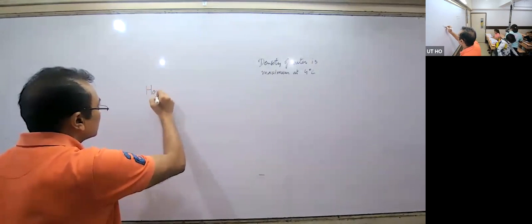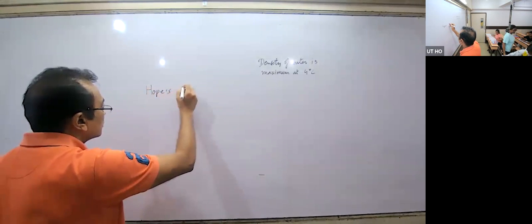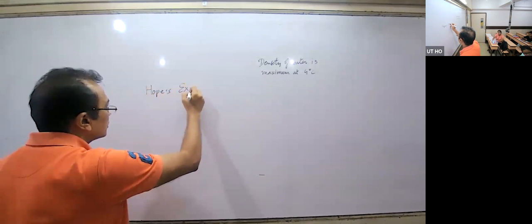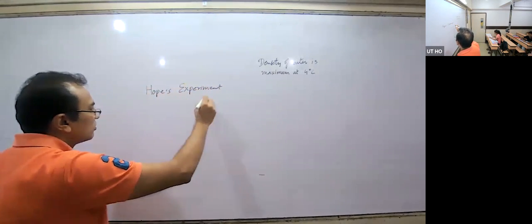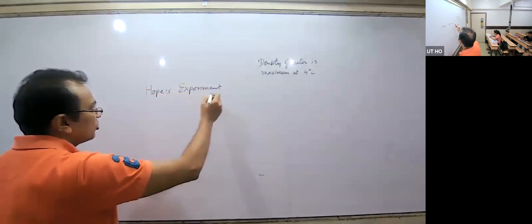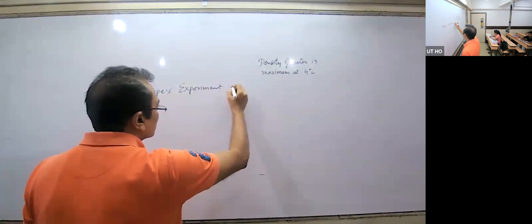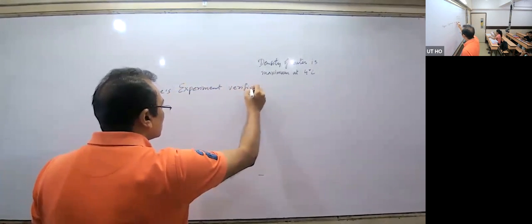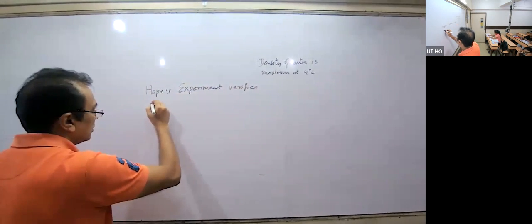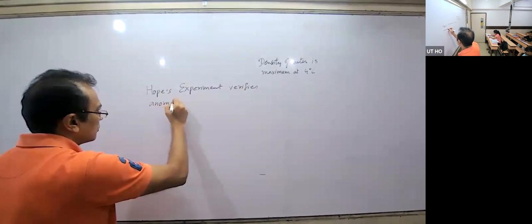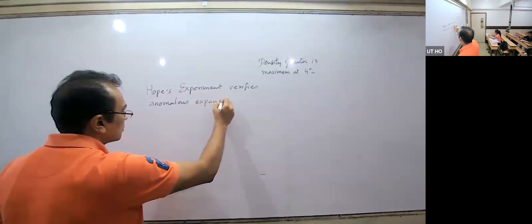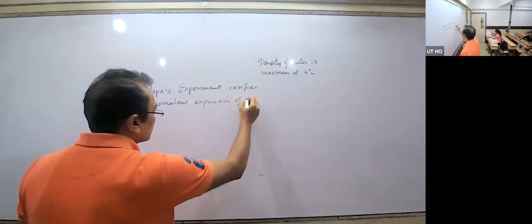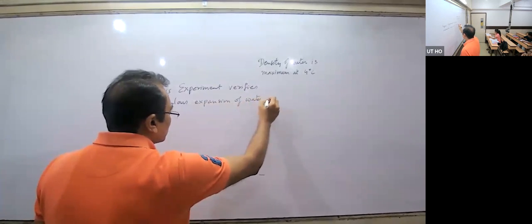Hobbes experiment. क्या करता है Hobbes experiment? It verifies anomalous expansion of water. मतलब क्या verify करता है?